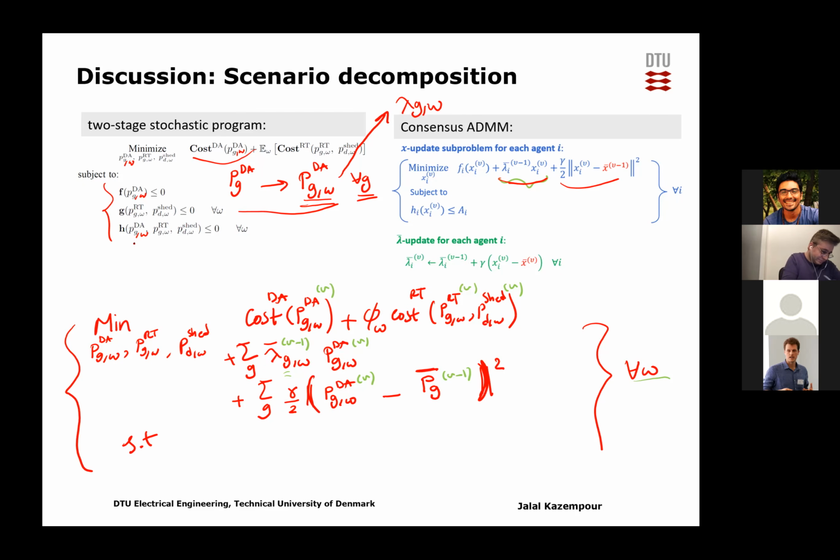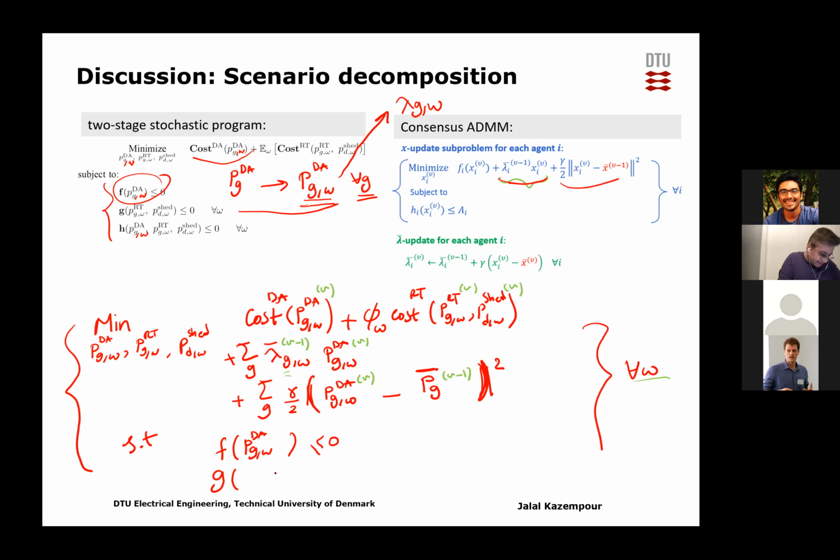The constraints are just G and H, and F. Also this, right? We are not fixing it, we are just relaxing. We need to include it still. Okay, so we have 3 constraints. F of PG omega day ahead is lower than or equal to 0.